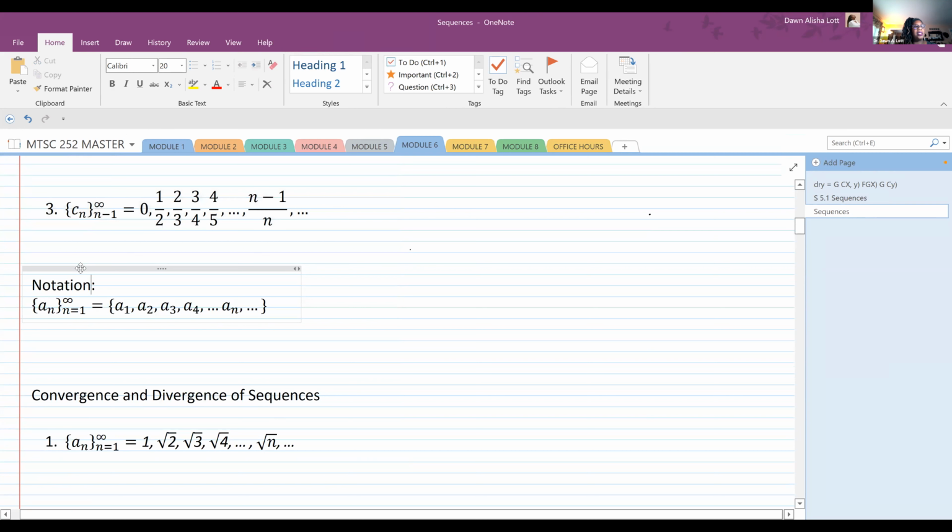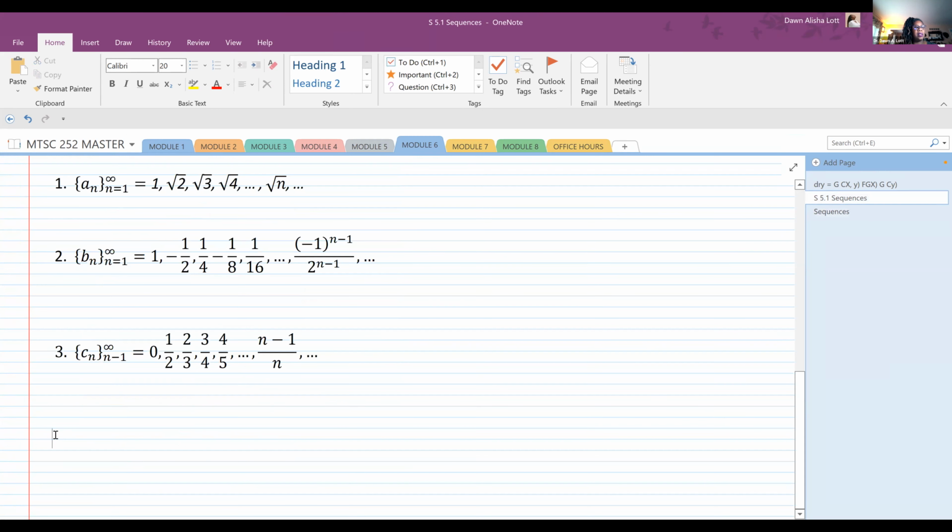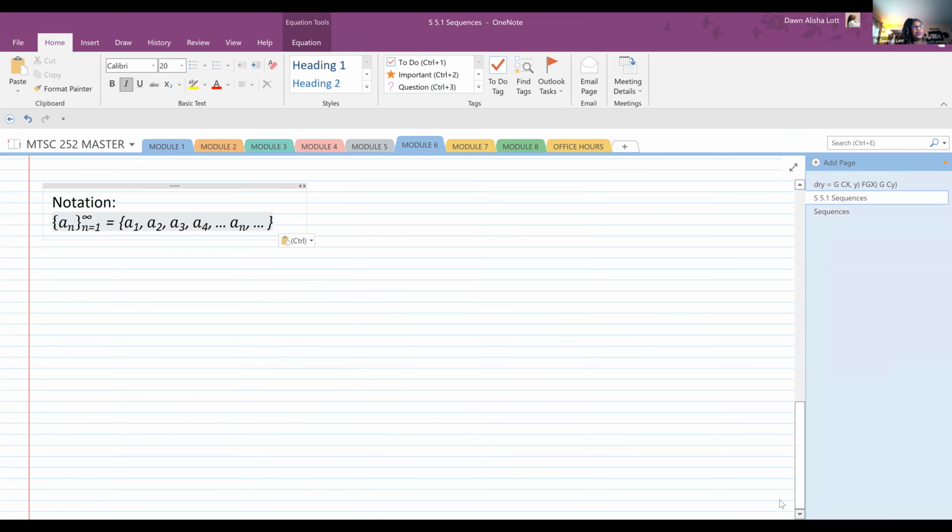So the notation we're going to use is just as I said here: for sequence a_n, n equals 1 to infinity. Some people put it in brackets, but no matter what happens, you must have the dots at the end of it, because the sequence continues to infinity.